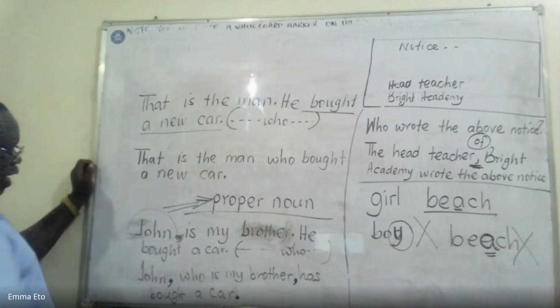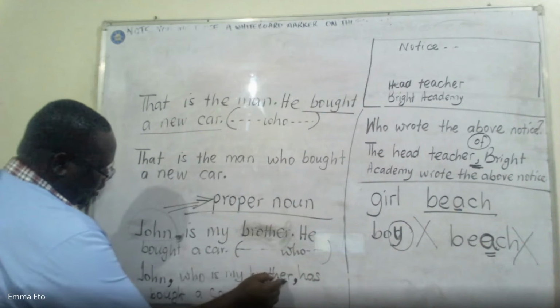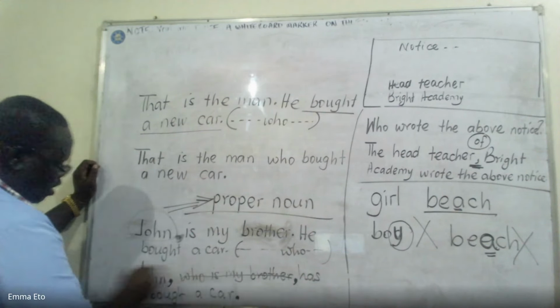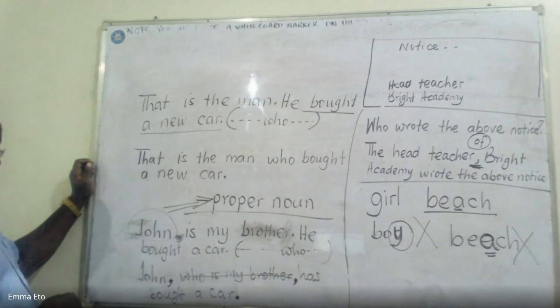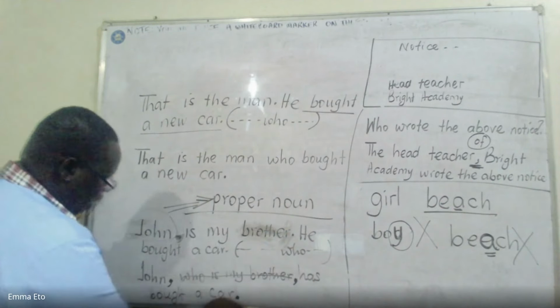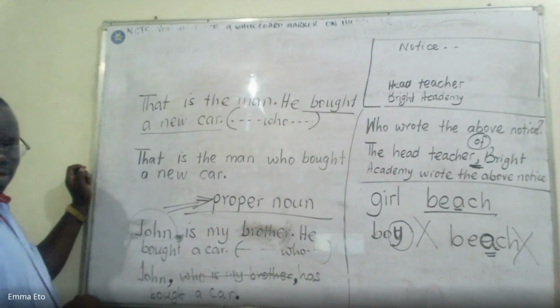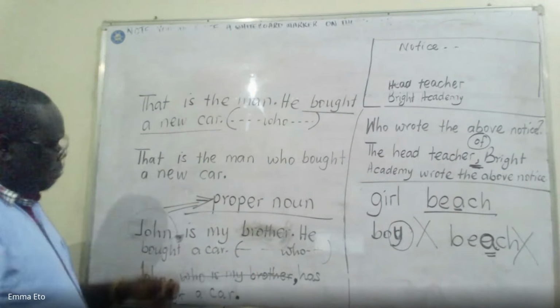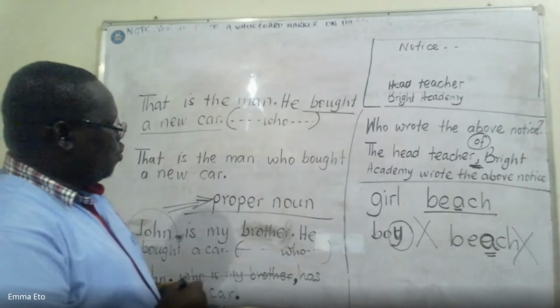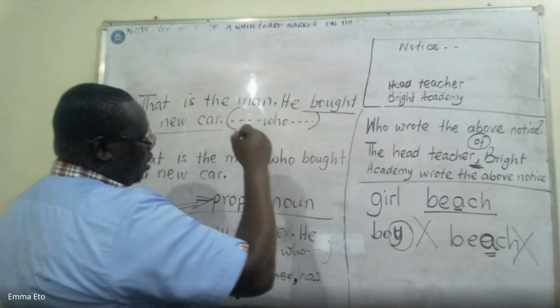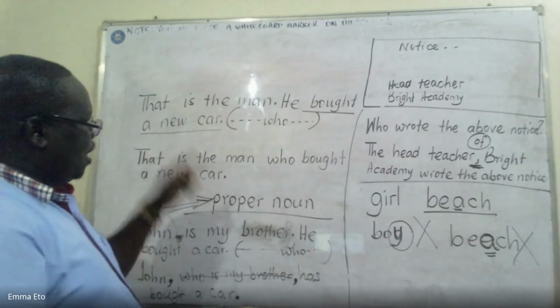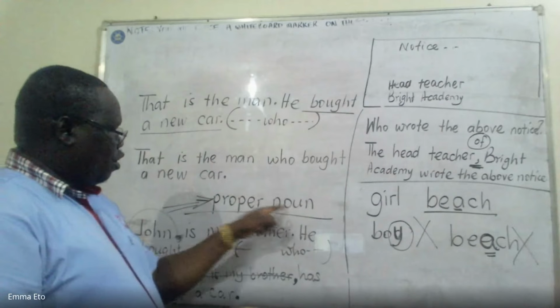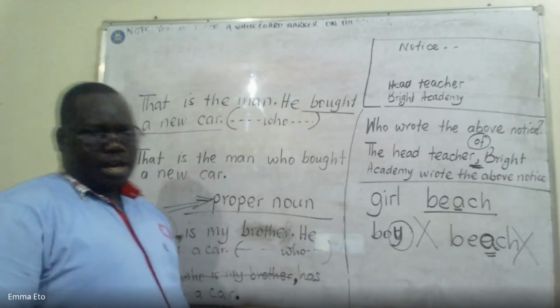So I can do away with this statement here, and I will still have sense in my sentence. John has bought a car. So to determine the ones that use who, whose, whom with commas, look out for a proper noun.